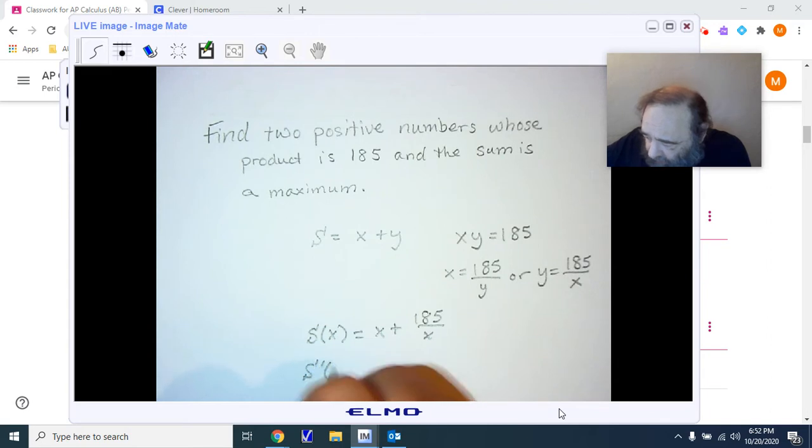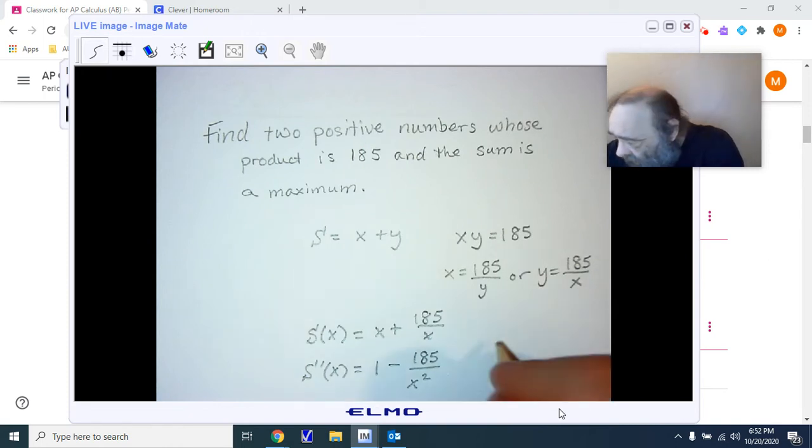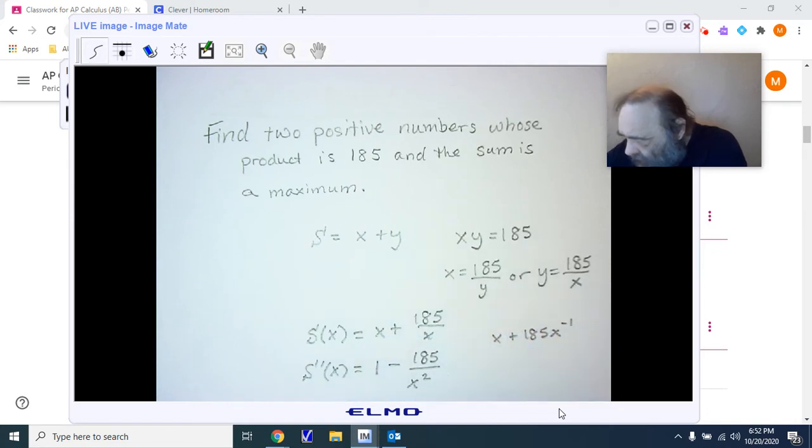S prime of x is now 1 minus 185 over x squared. Now, if you didn't get the way I took my derivative, please be aware what I did was x plus 185 x to the minus 1, 1 minus 185 x to the minus second, and then I changed it back.